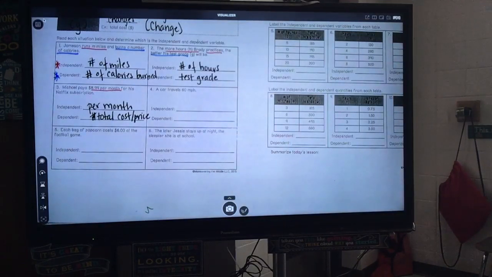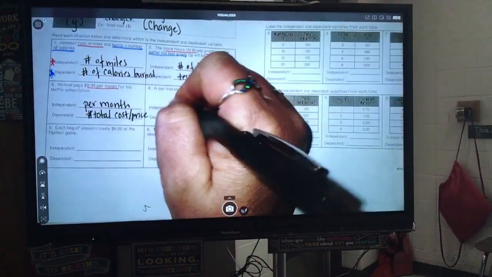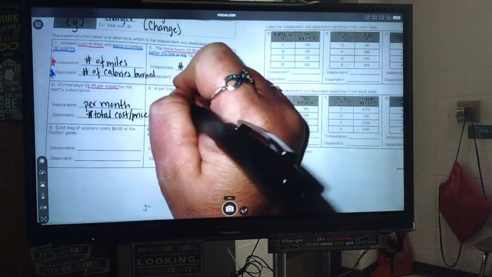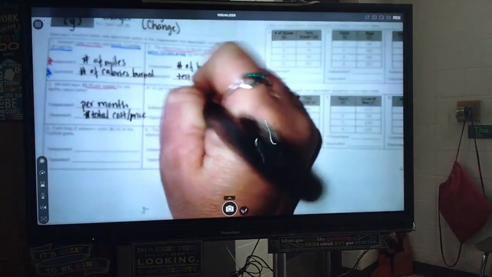Emma? A car? No. I mean, we're running out of things here. We already know the miles. We know it's not the car. Doesn't matter what the car is. It's telling us that it's going 60 miles per hour. Per hour. So number of hours.